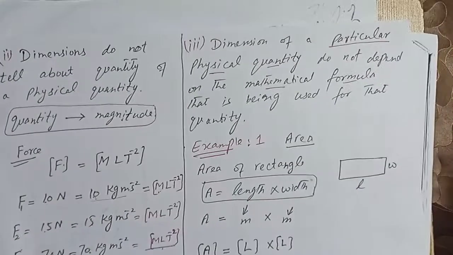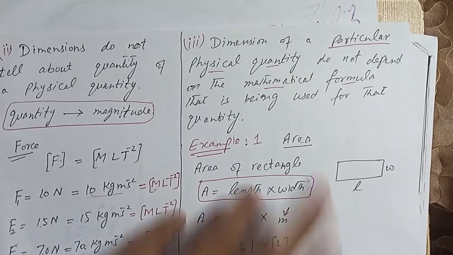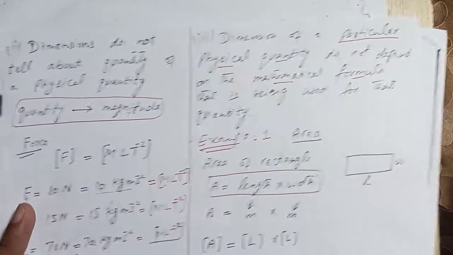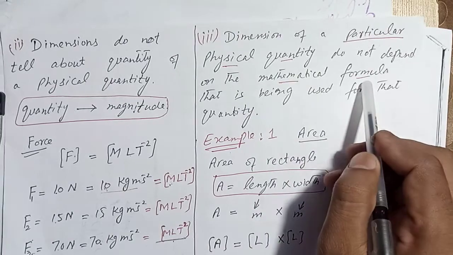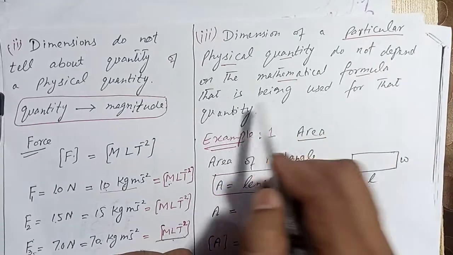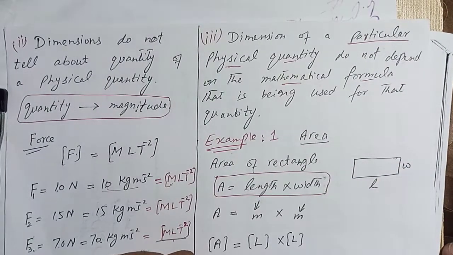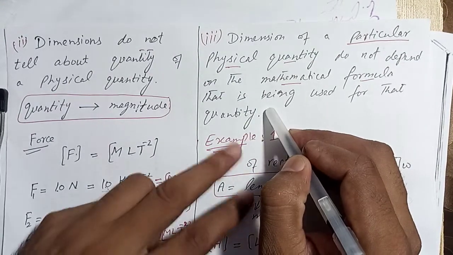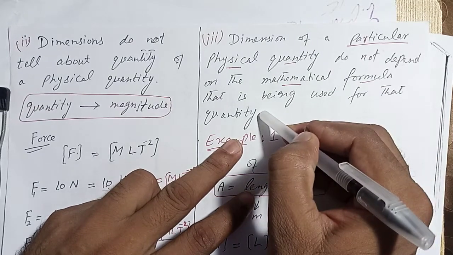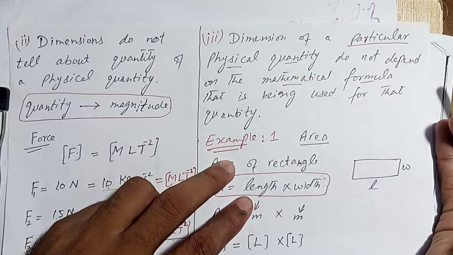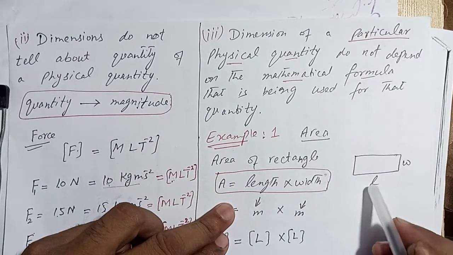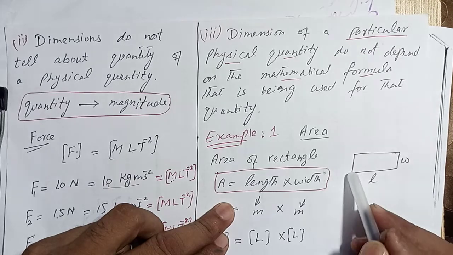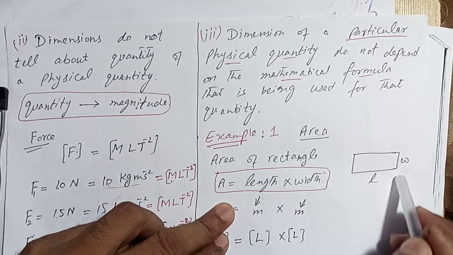Okay, next, the dimension of a particular physical quantity does not depend on the mathematical formula that is being used for that quantity. One physical quantity may be calculated by different formulas. For example, area of a rectangle is defined as length into width. Length is a distance, width is a distance.